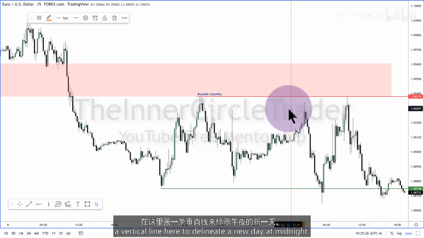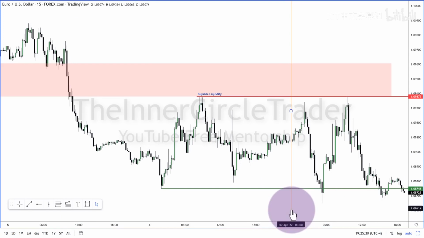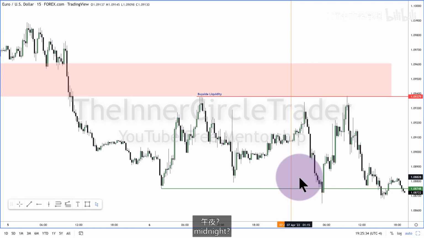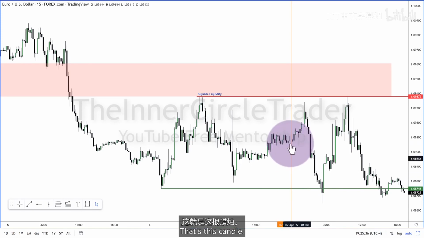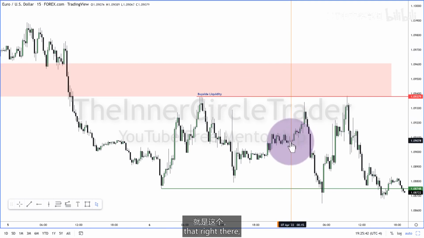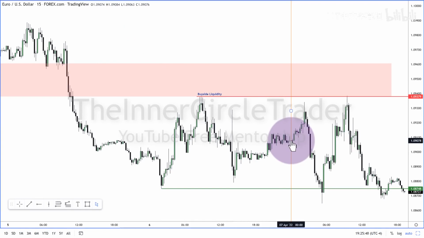So you're going to drop a vertical line here to delineate a new day at midnight. What is the opening price at New York midnight? That's this candle, and you highlight that, and this price right here, if you're looking at the time frame on the hourly, that would be the opening price.